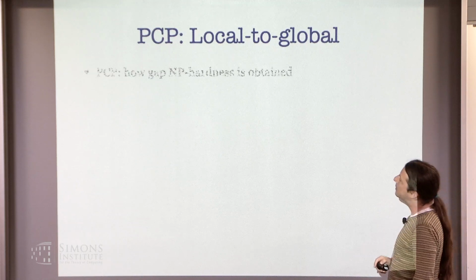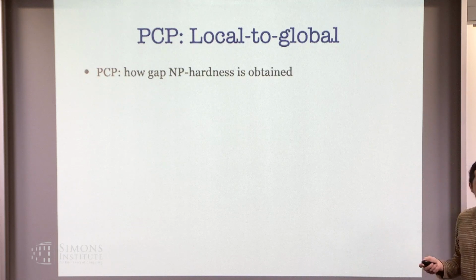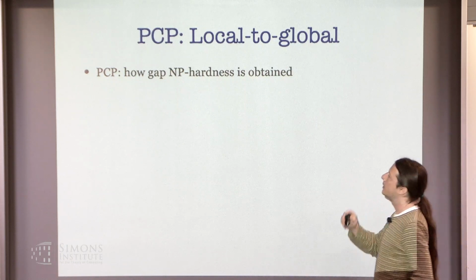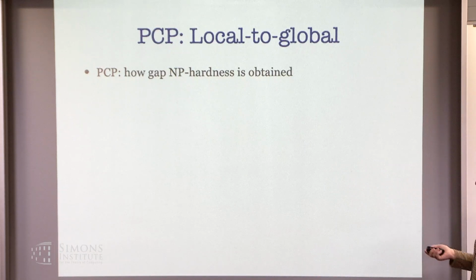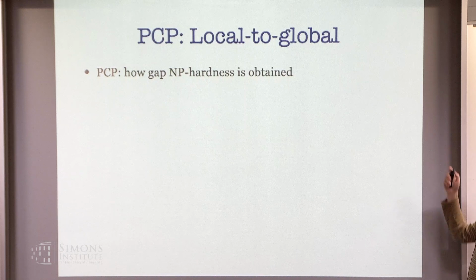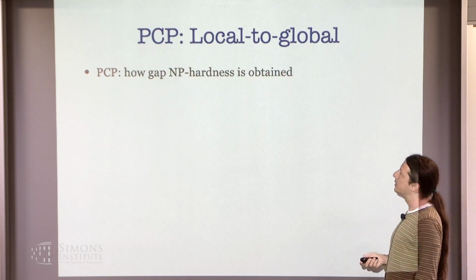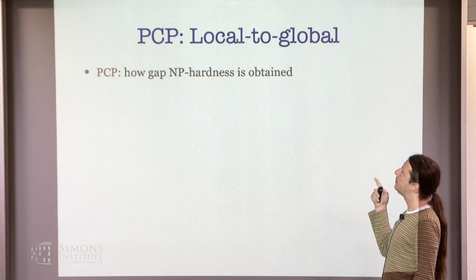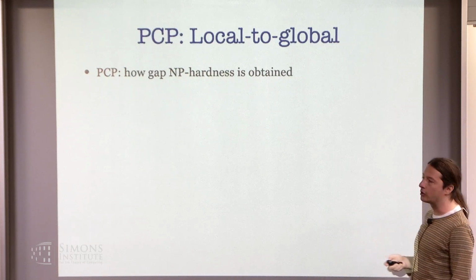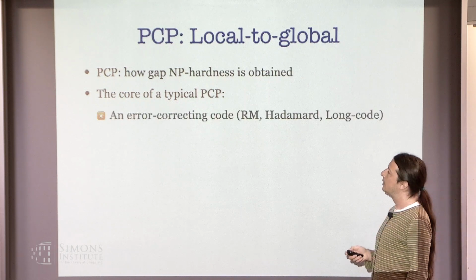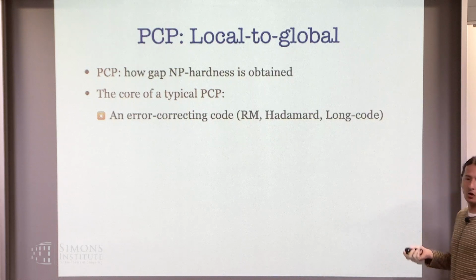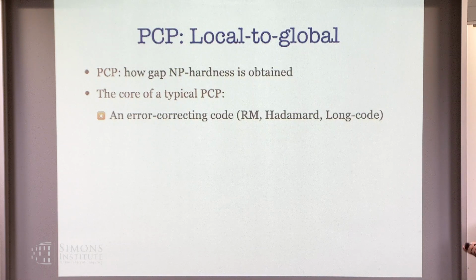And the way that usually you show that a gap problem is hard is via PCP, probabilistically checkable proofs. That's one way of looking at it, and it involves, at least in a very significant way, some local to global phenomenon. So inside typical PCPs, you will find error-correcting codes and local tests for them.